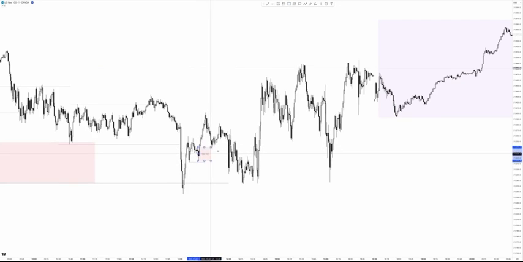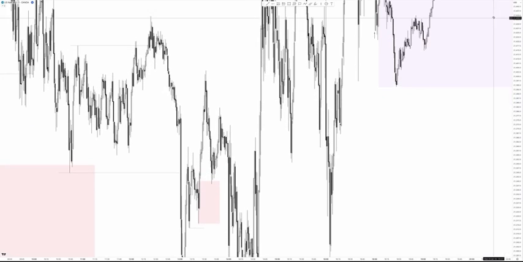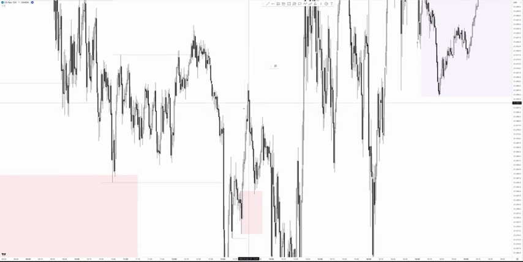Respects the area, and then boom, builds that liquidity for us above here. Okay, might have taken it out, not sure. Let me see.